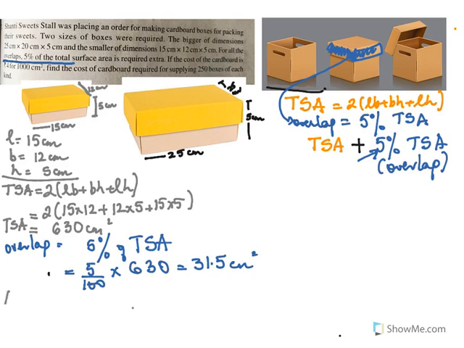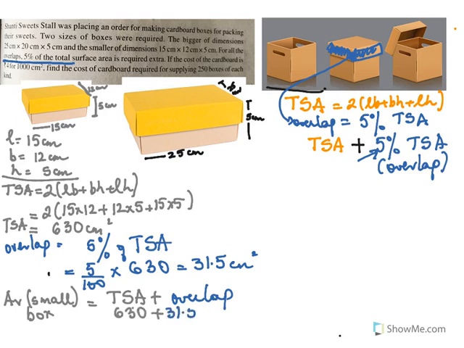So the total area required for the small box will be TSA plus the overlap, that is 630 plus 31.5, and so the total area required in this case is 661.5 centimeters square.